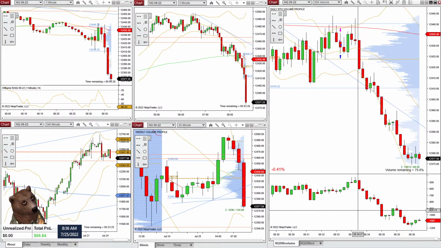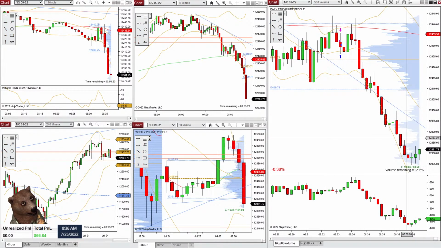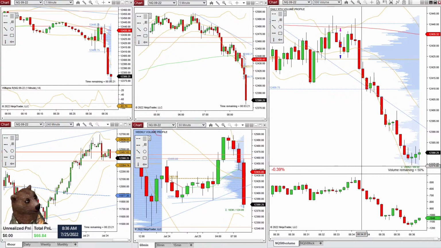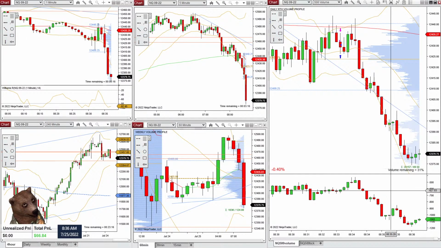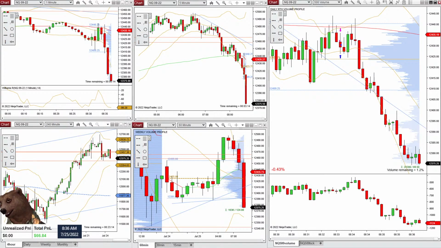It forms these little LVNs on it as it's crashing down. I think we're going to have a bearish day today, guys. I think we're going directional bearish.